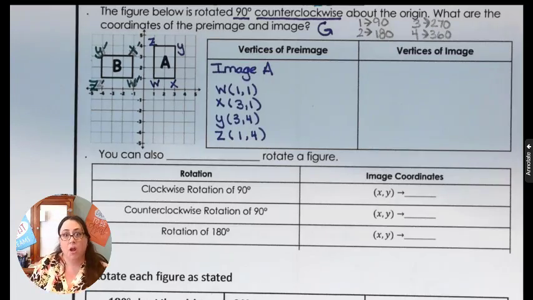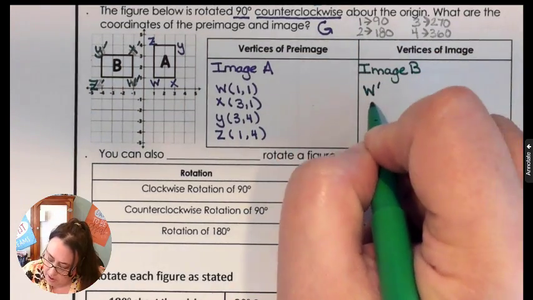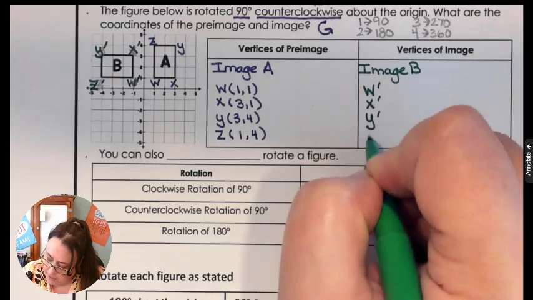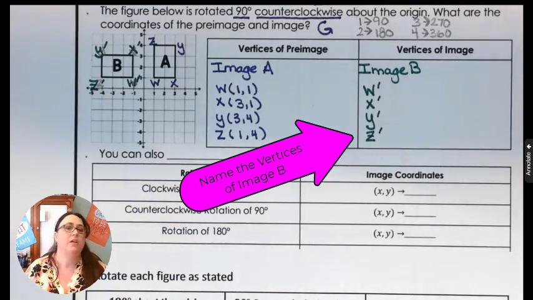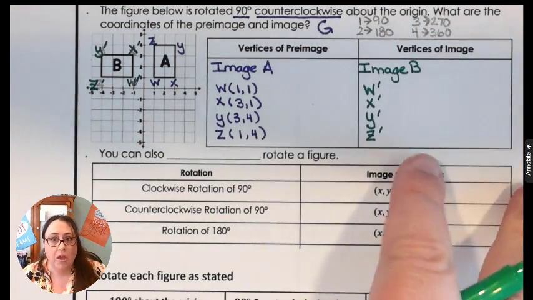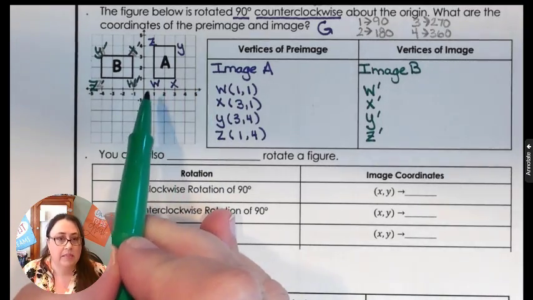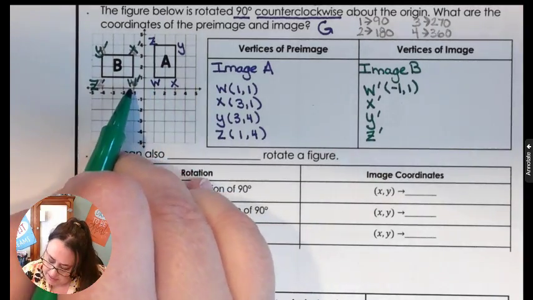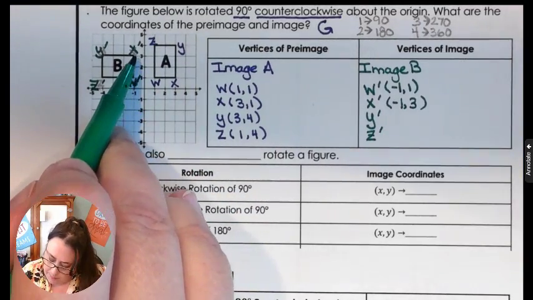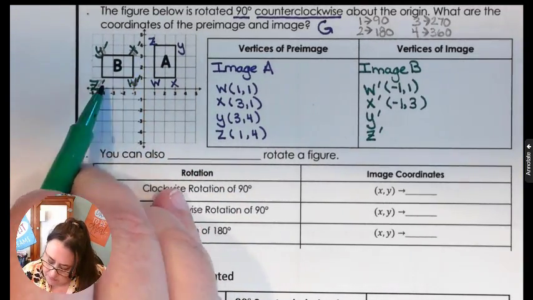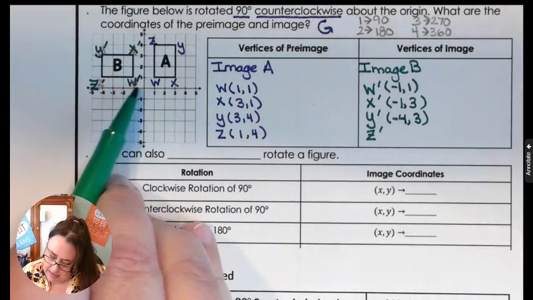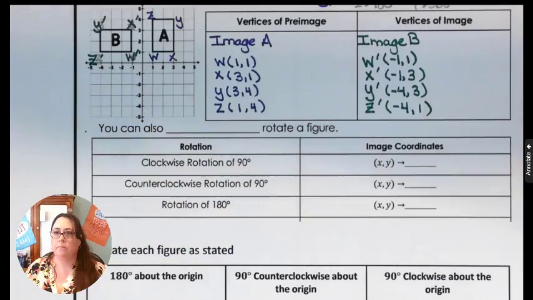Go ahead and pause the video, tell me what those are, and come back and check your work. All right, so W prime is -1, 1. X prime would be -1, 3. Y prime would be -4, 3. And Z prime is -4, 1.